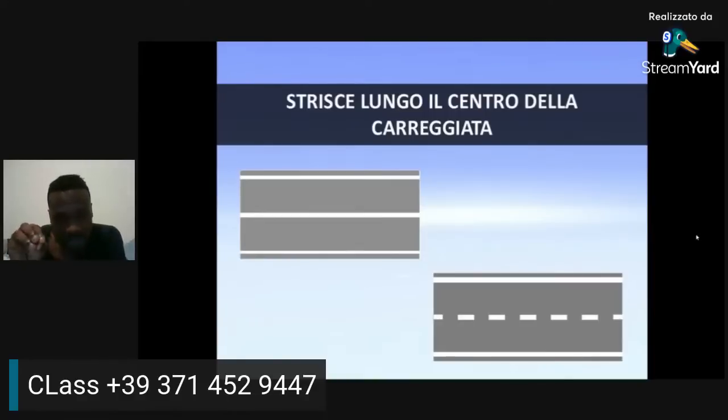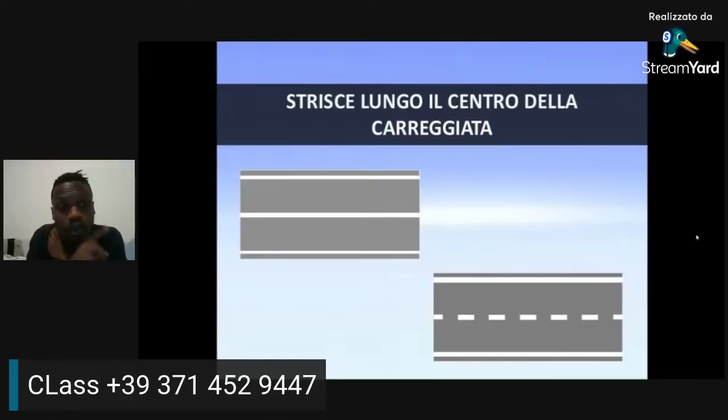The second one, the one below, also has due corsie. One carreggiata with due corsie. What is the difference between the two? The first one on top, which the line that divides the carreggiata is continua, it simply means, listen carefully, it simply means if you want to do overtaking, you can do it.